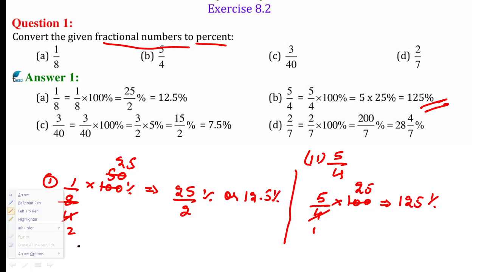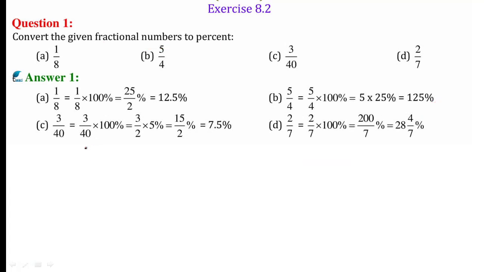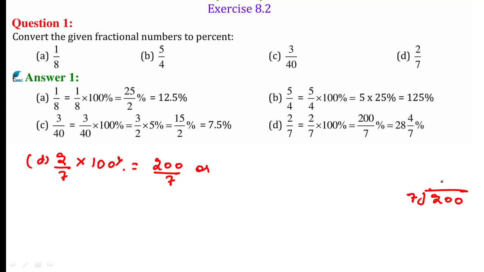Suppose we have to do one another part. Suppose this is your last part, D part, that is 2 upon 7. You have to convert into percentage, so you multiply it by 100%. So you will obtain 200 upon 7. If you convert it into mixed fraction, divide 200 with 7: 7 4 the 28, you will obtain remainder to be 4.